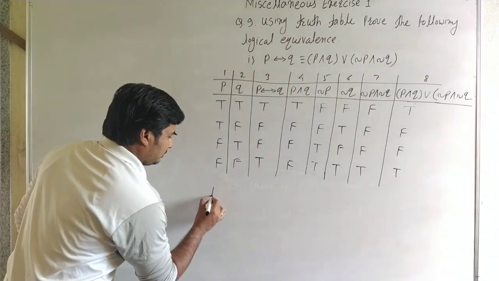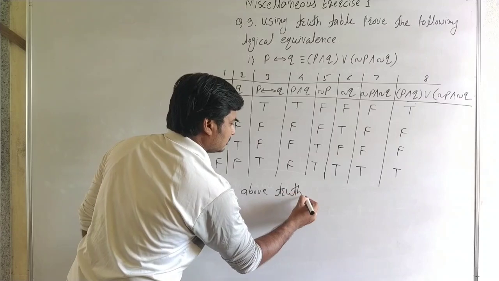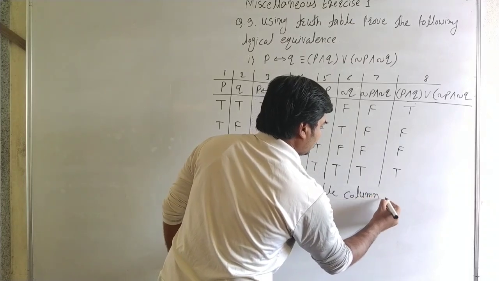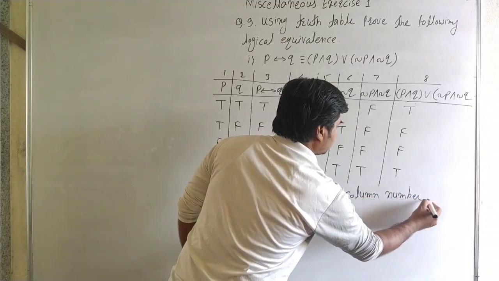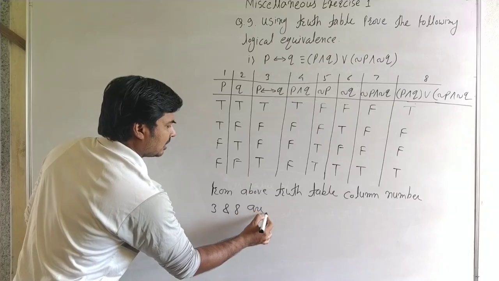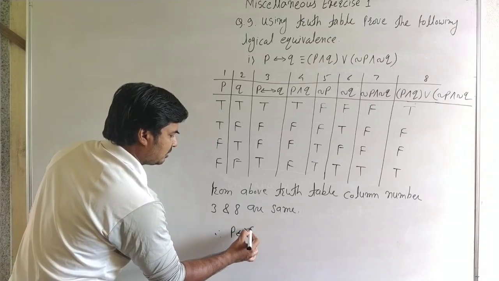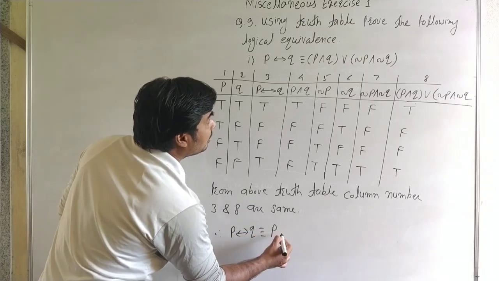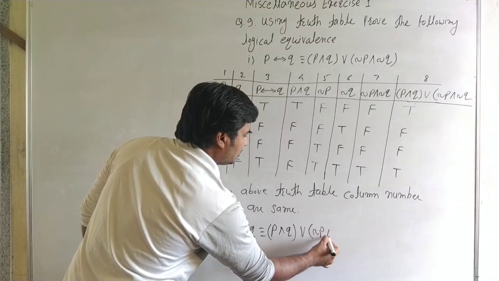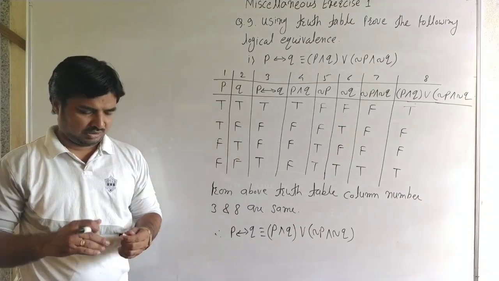From the above truth table, columns 3 and 8 are the same, and therefore P double implies Q is equal to P and Q or negation P and negation Q. Here these two statements are equal. See carefully this. Now we see the next example.